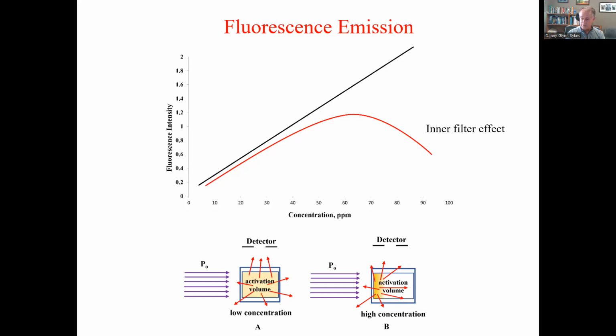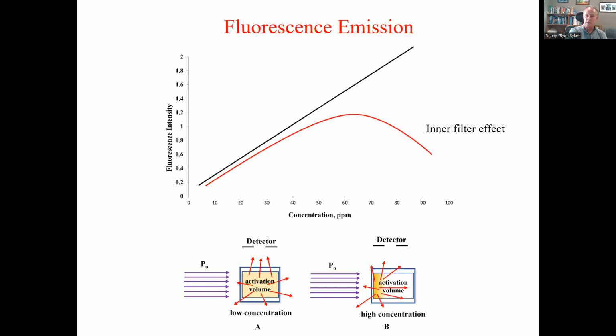And so where the photons are being emitted from is displaced from that 90-degree design with the detector. Fewer photons can make it out and hit the detector because they're being emitted in a region of the cuvette where there's no path towards the detector. Fewer photons hit the detector, so we get a smaller signal.